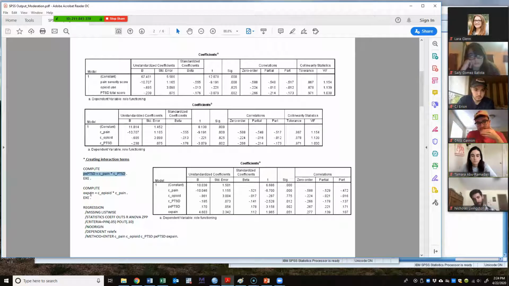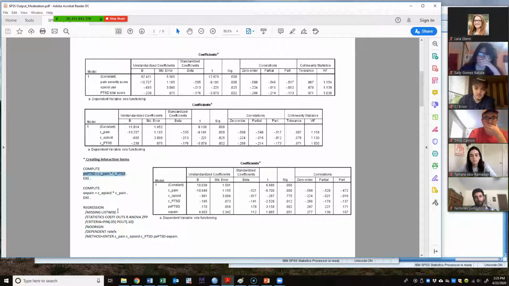Now, Nick, does it matter which one? Are we forced into a position in terms of these interactions, which effect is our conditional effect and which is our moderator? No, they're mathematically interchangeable. Mathematically interchangeable, and so it does not matter. This is going to be based primarily on your theoretical model, right?